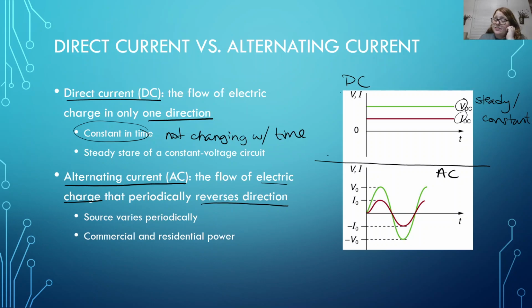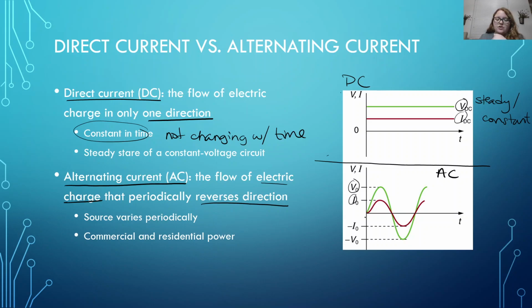If you guys have heard of that, I'm not sure that you have, but see how it varies. It goes from a positive here to a negative, then to a positive. So we have some sort of alternating current due to the current and the voltage changing.